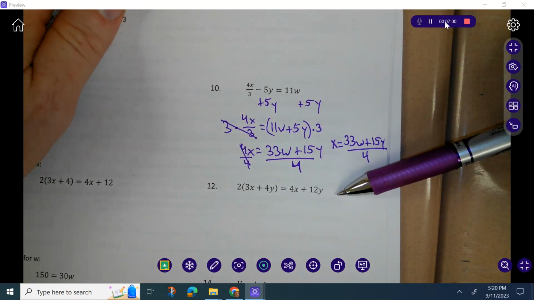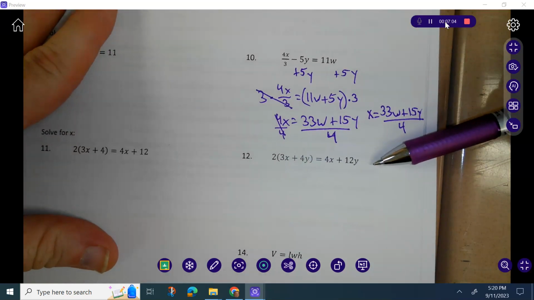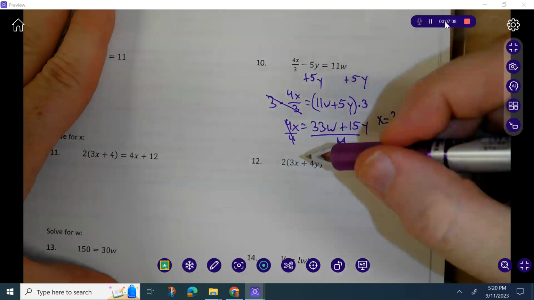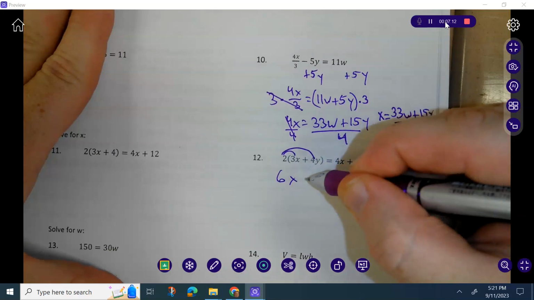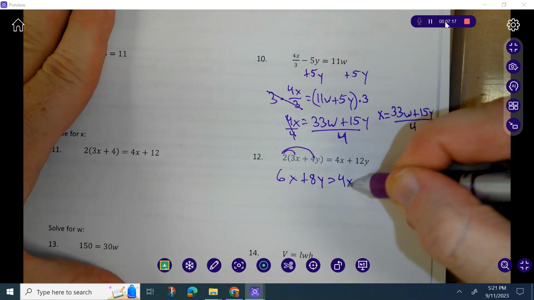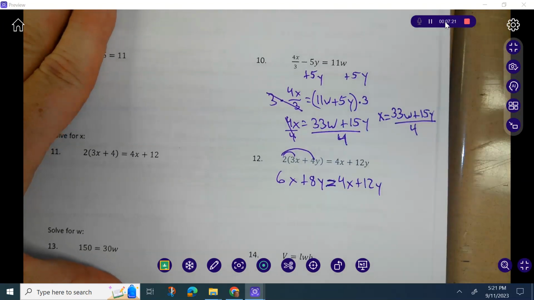Now number 12 here looks like it's going to be really complicated, but it really works out nicely. I'm going to have to distribute here. So here we go, 2 times 3 is 6, 2 times 4 is 8. This is supposed to be an equal sign here.